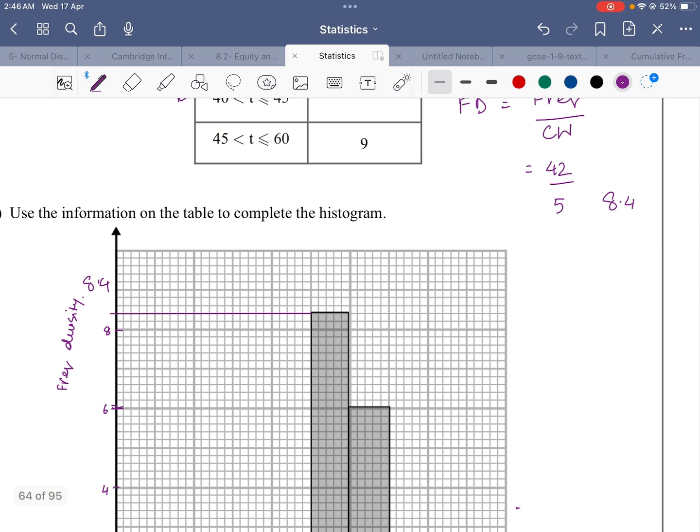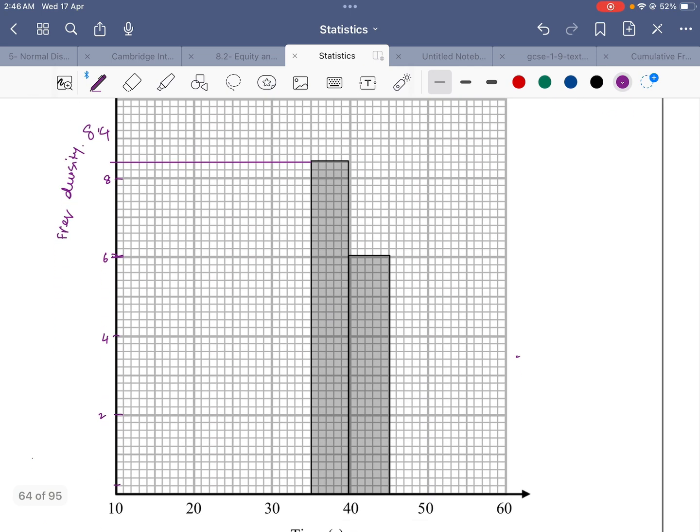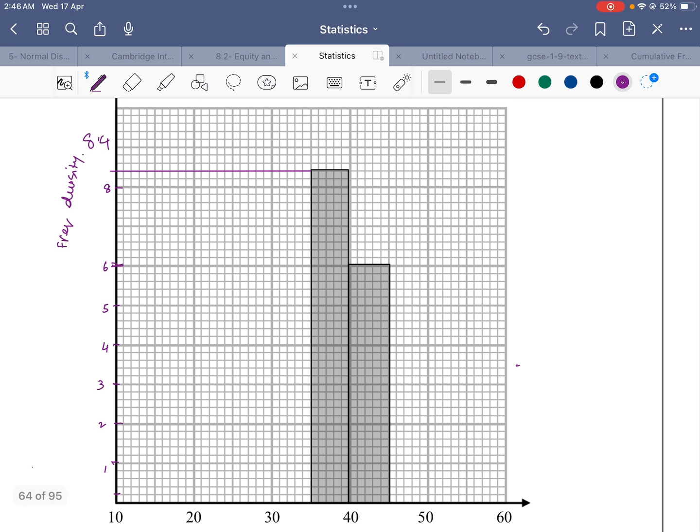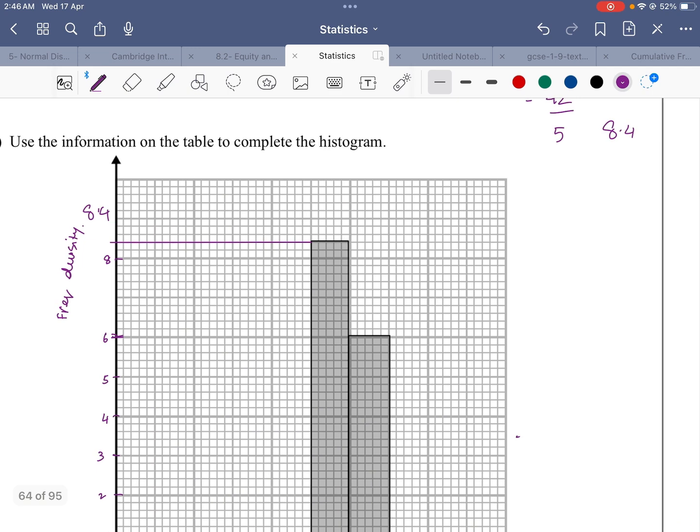If frequency density is 8.4, then we can label the axis as 2, 4, 6, 8, which means this is 1, 3, 5 and 6. We can directly look at it here, and this is 6. For this one, frequency density is 6.